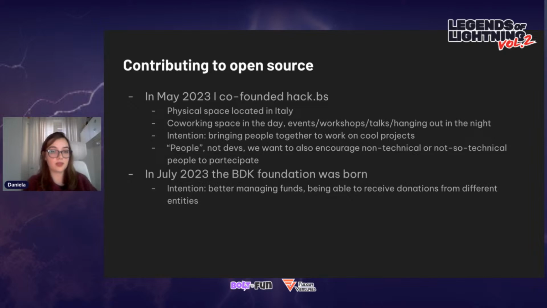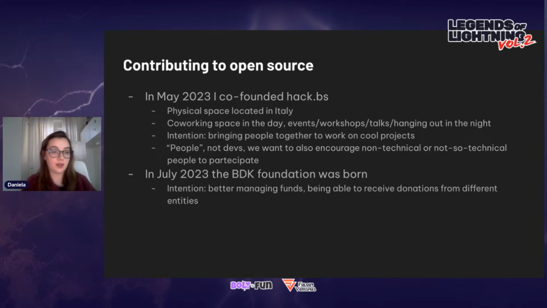Obviously, it's a bit more centralizing to have the BDK Foundation, but if you want to work on BDK, but for some reason the BDK Foundation doesn't like you enough, you can still ask for a grant from other companies. So that's not really a problem. I see this as really making life easier for BDK devs.